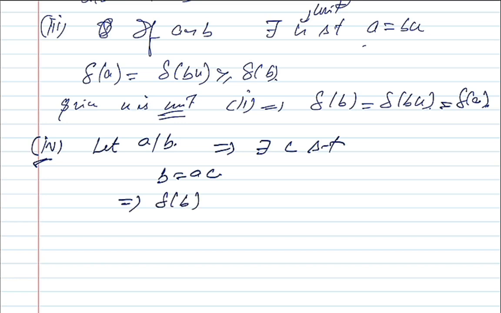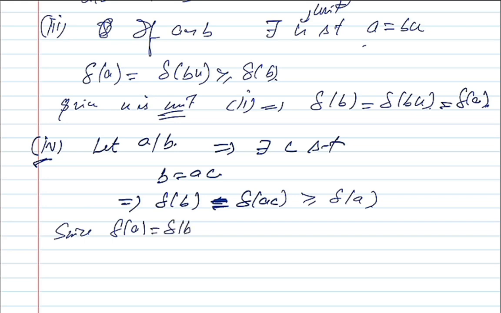Therefore, del of B will be less than or equal to del of AC, which is greater than or equal to del of A. But we are given that del of A is equal to del of B. Therefore del of A is equal to del of AC, which gives you that C is a unit.